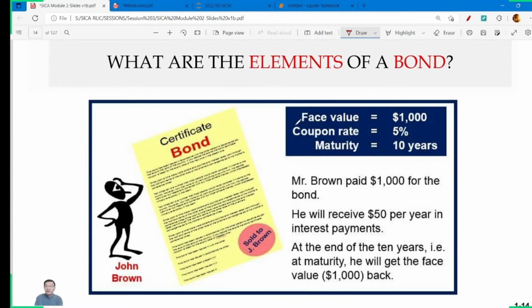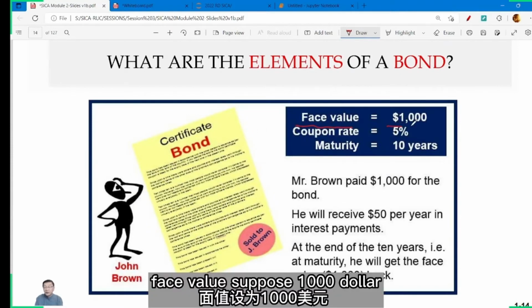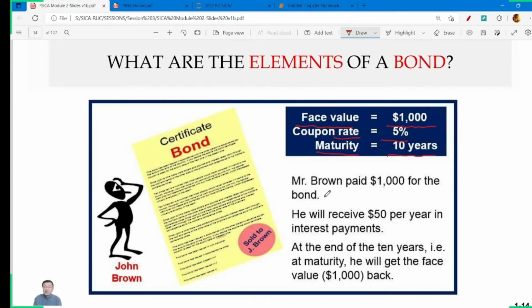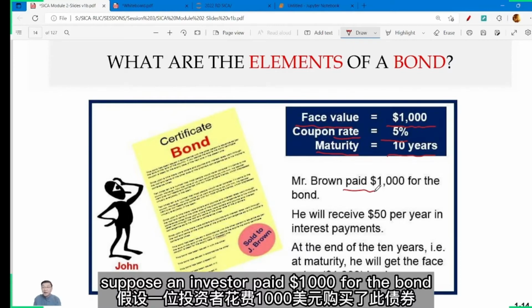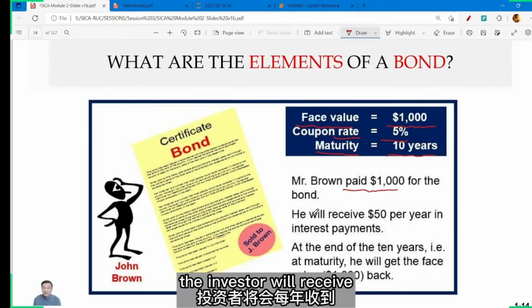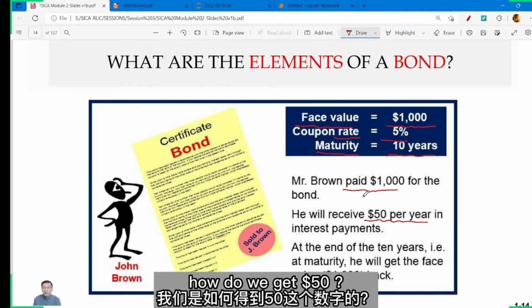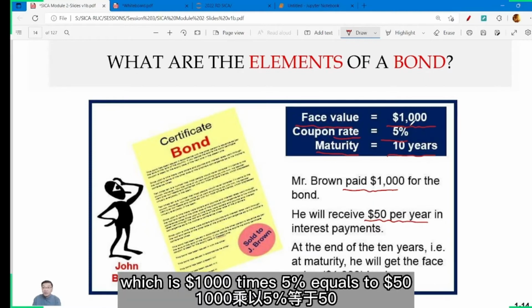Now we have a bond. Face value, suppose $1,000. Coupon rate 5%. Maturity 10 years. Suppose the investor paid $1,000 for the bond. The investor will receive $50 per year in interest payment. How do we get the $50? $1,000 times 5% equals $50.